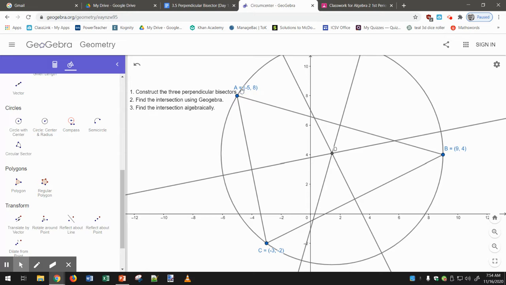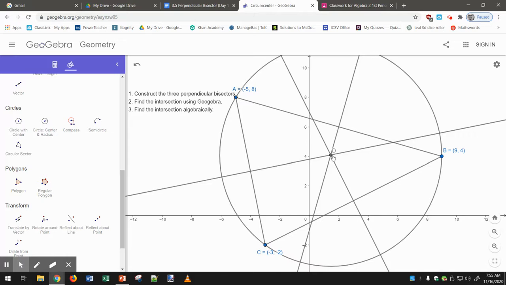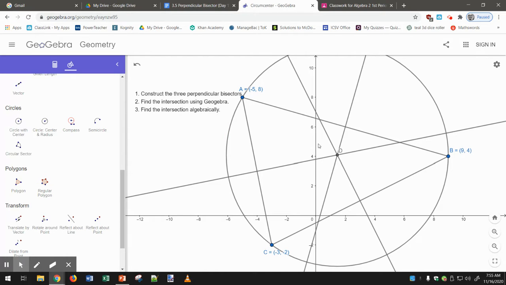It goes around the triangle and it goes through all 3 vertices, which means this point right here is the same distance away from each vertex, because these are the radii of the circle. So what you need to figure out by hand, if you've got a triangle, is find two of the perpendicular bisectors and just see where they cross.